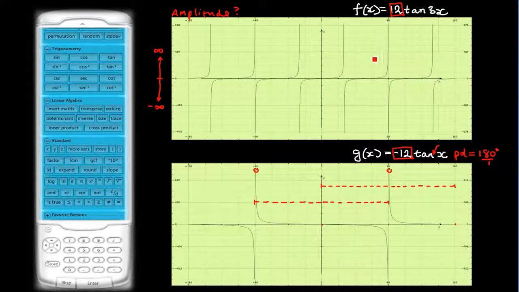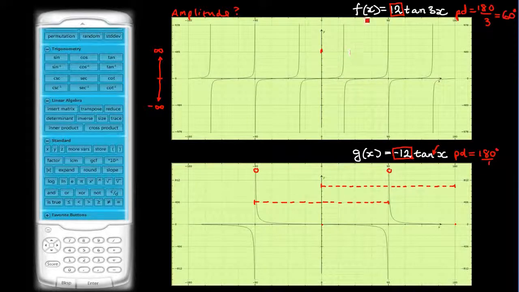Now up here I'm expecting what? I'm expecting a period of 180, because tan and cotangent have a period of 180 in the parent function, but this is a transformation, and the coefficient is going to give it a period of a third of 180 equals 60 degree period. Now if I have a look at 0 here, let's just go any arbitrary length up here, so it's starting at x equals 0.